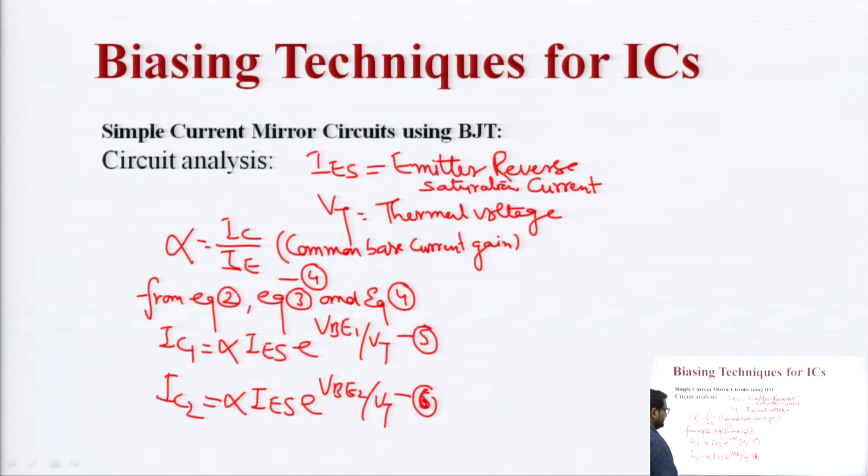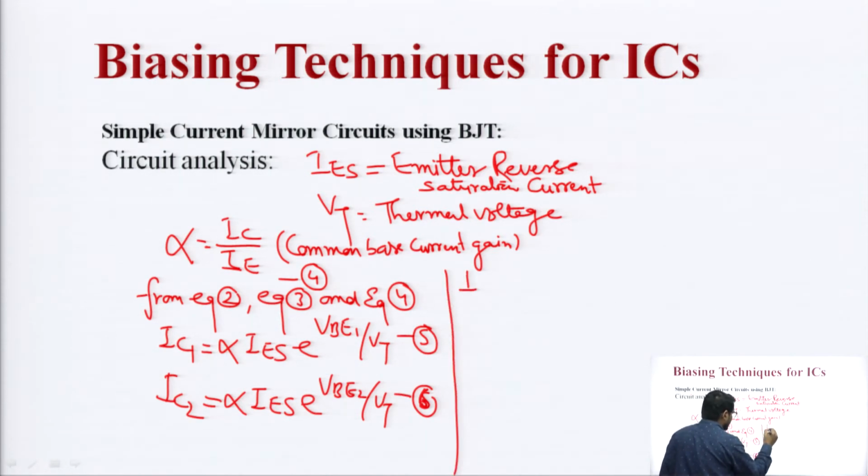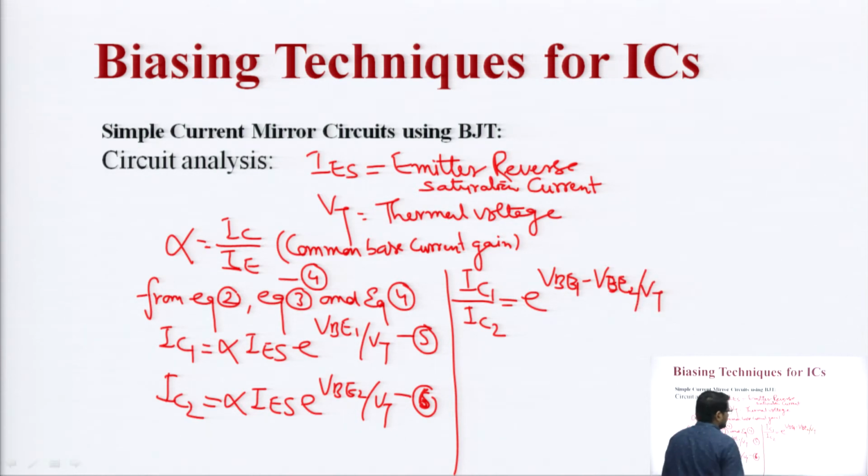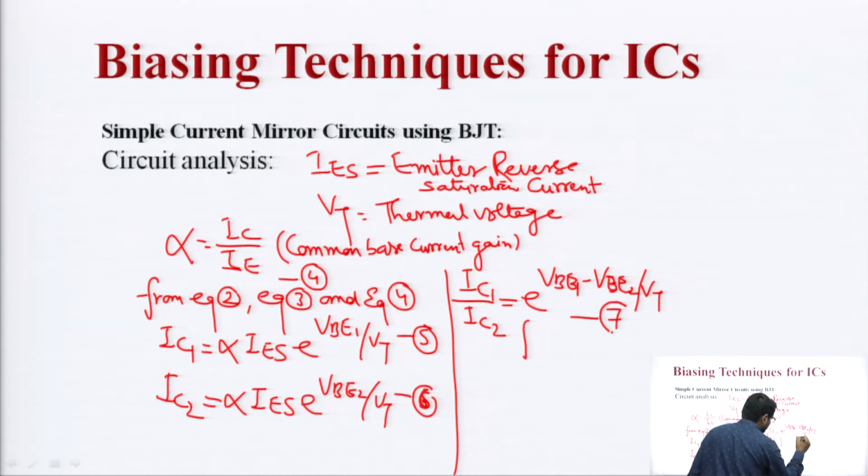Consider equation 6. We also write IC1 divided by IC2 is e to the power VB1 minus VB2 divided by VT. This is equation 7.